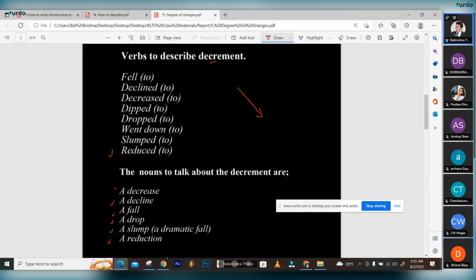Or if we want to use a noun, there was a decrease in the price of oil from $10 to $5. You may use the verbs and nouns in the same way.